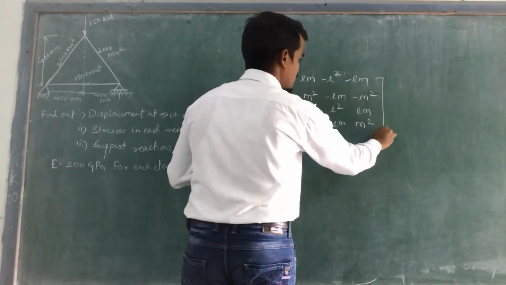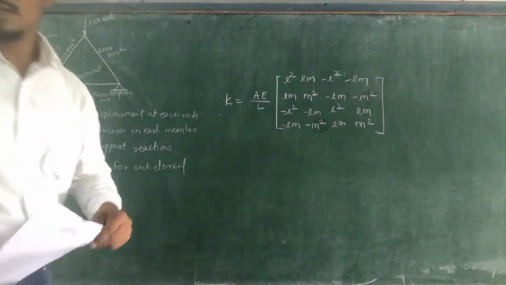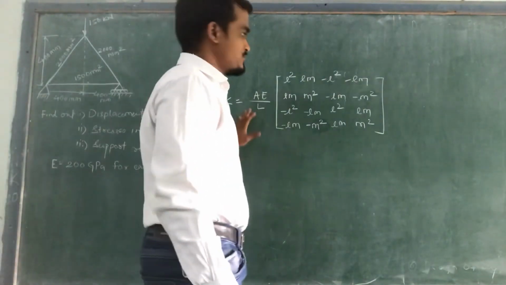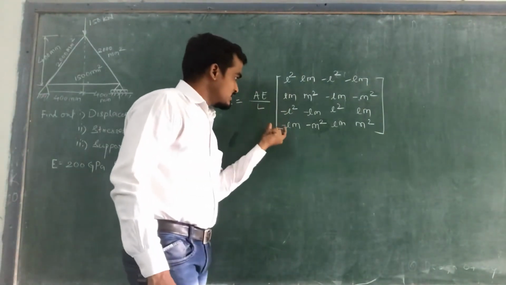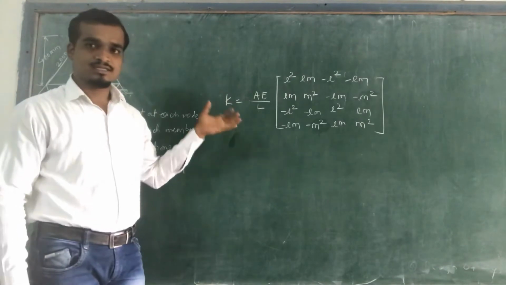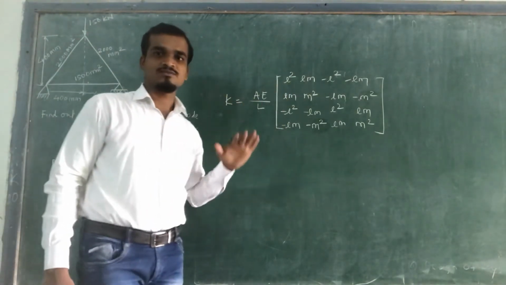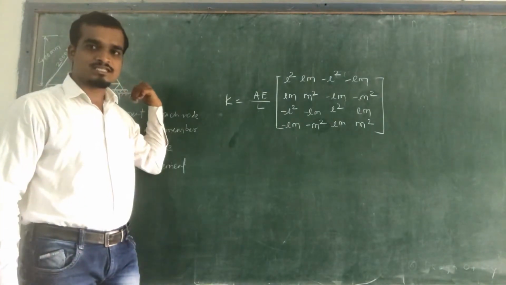So this is your elementary stiffness matrix for the truss element, as we derived in our previous lecture. We are going to use this elementary stiffness matrix to construct our global stiffness matrix for this truss structure.